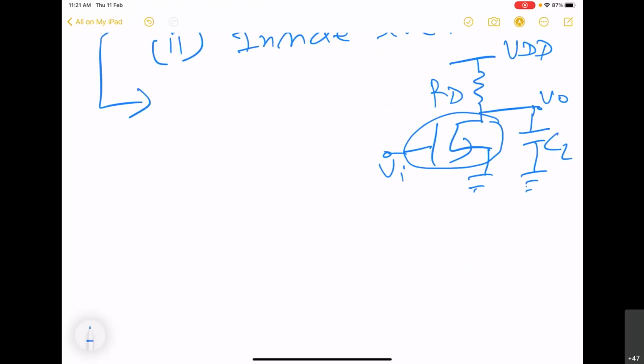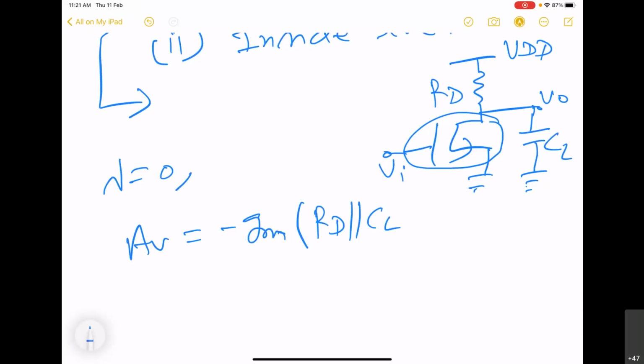So now here you can see that you can draw the small signal model even with lambda or without lambda, it does not matter. So let us take lambda is equal to 0 case. So in this case, if you calculate, it will turn out to be RD parallel with CL. Because here you can see that CL and RD, they are shorted here, and their other end is going to be AC grounded.